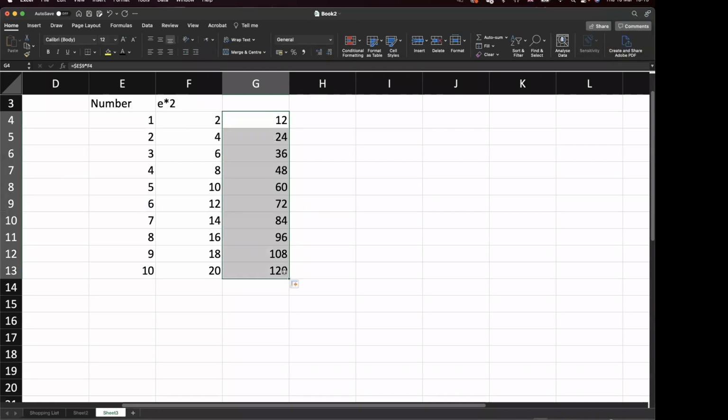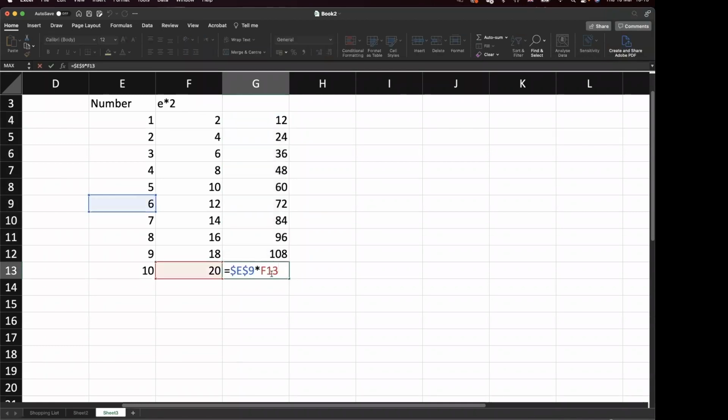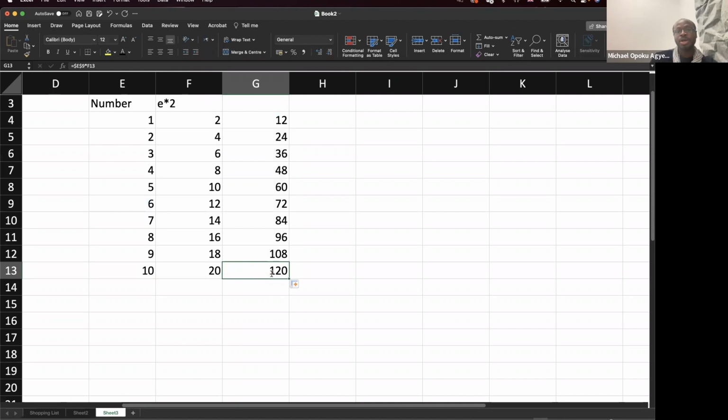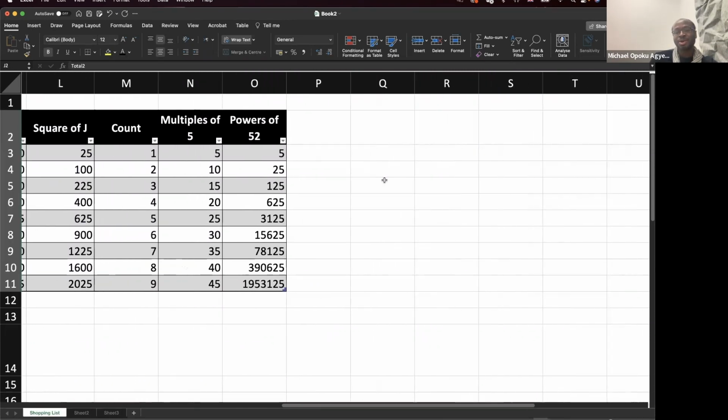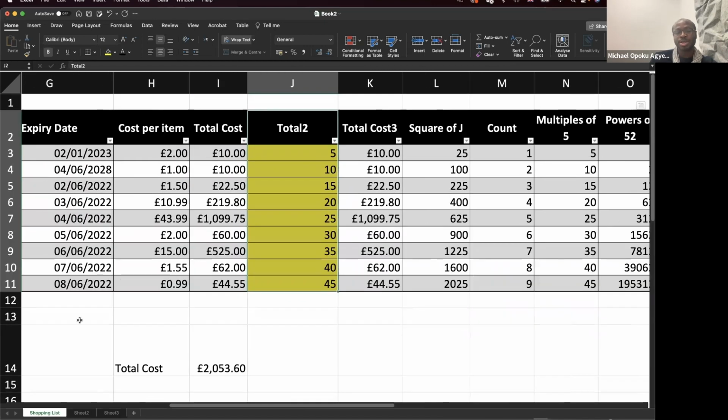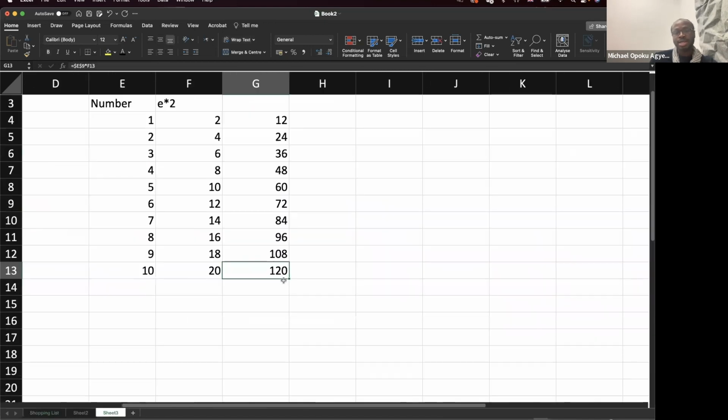Then that works for you. And in here, it's just basically 6 times 20. Maybe because the first one we've already populated some content, it may look a bit confusing, but if you take it aside, that is what it is.